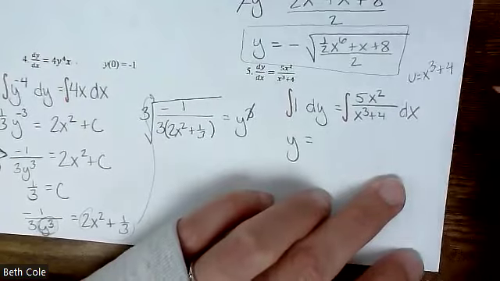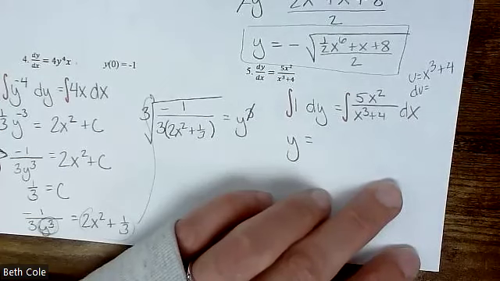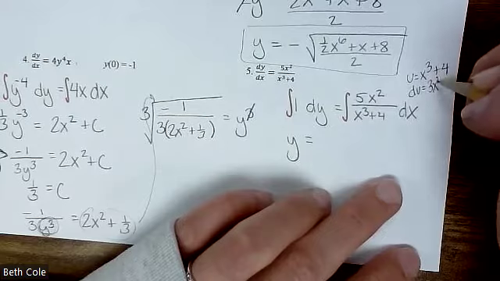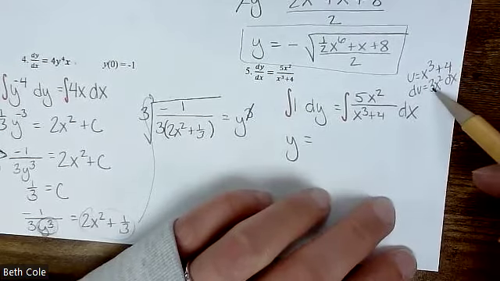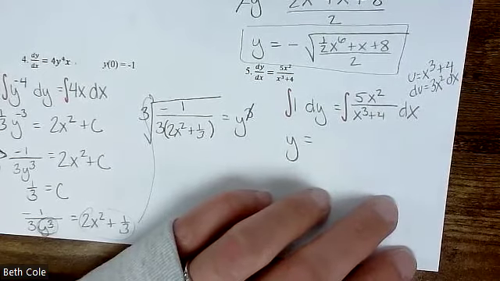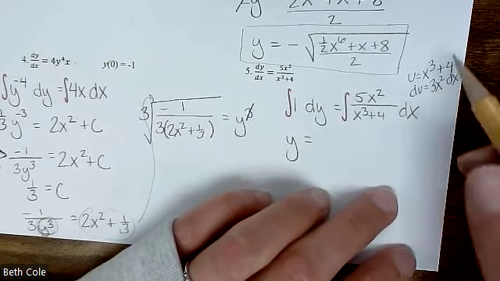Good. Du would be 3x squared dx. And then you have to turn a 3 into a 5. You can, it just involves a fraction.